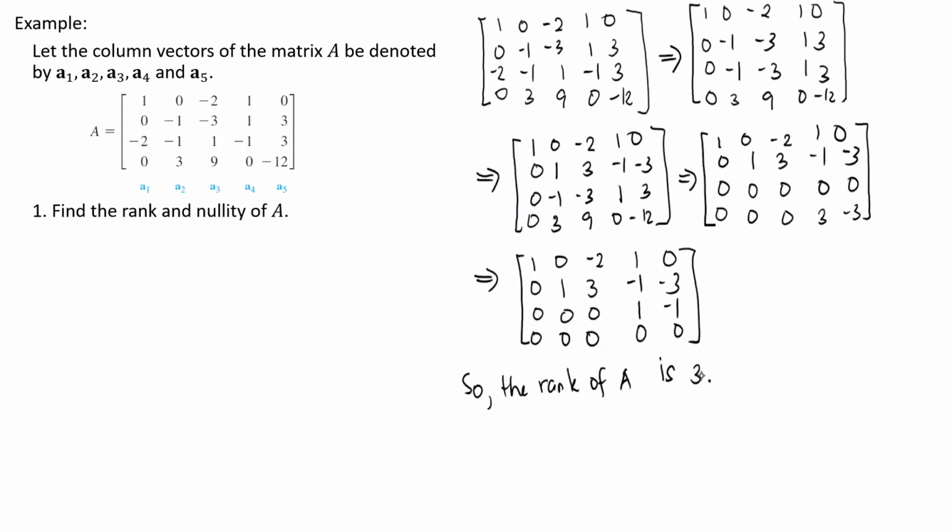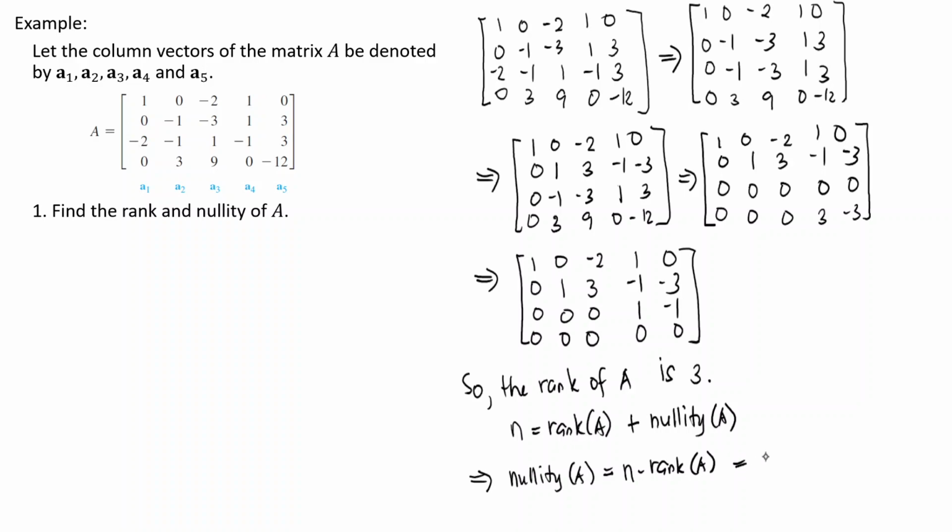Okay, and now for the nullity of A, we can apply the previous theorem, that is n is equal to rank of A plus nullity of A. So the number of columns of the given matrix equals the rank of A plus the nullity of A. This implies that nullity of A is equal to n minus rank of A. We have the number of columns 1, 2, 3, 4, 5.